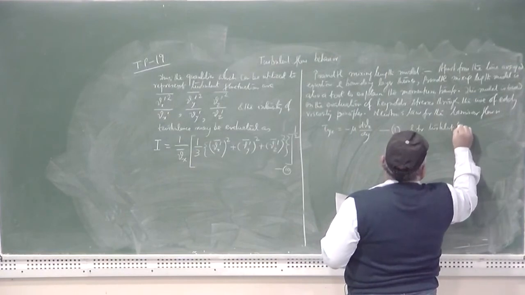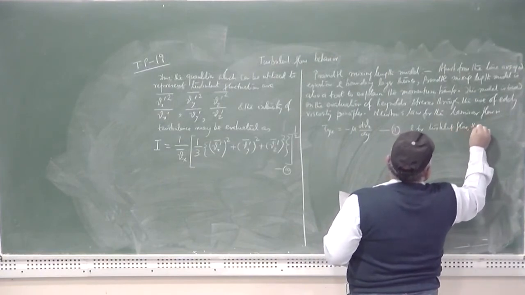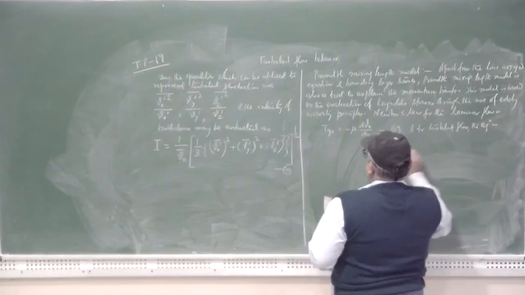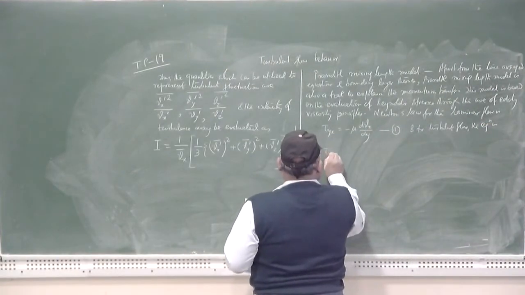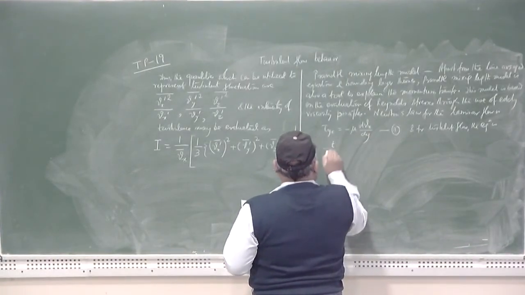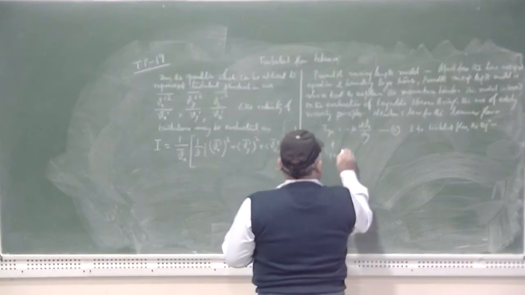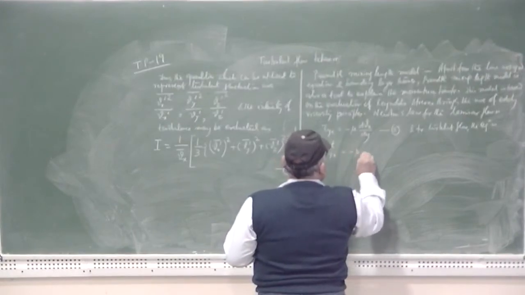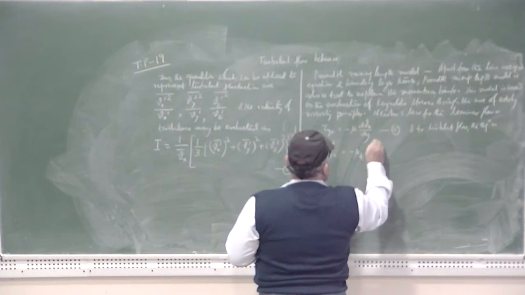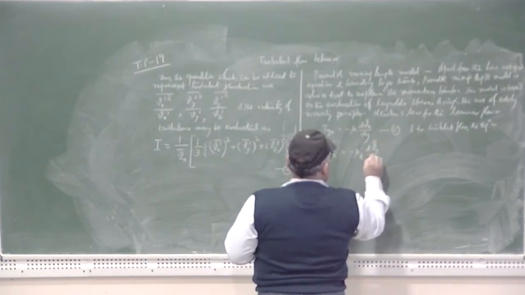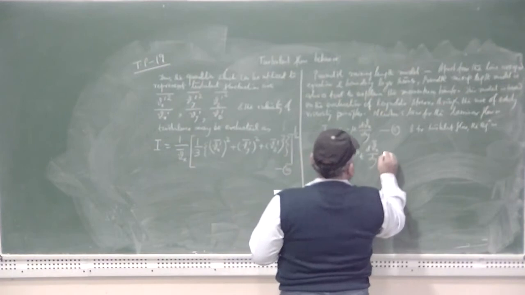And for turbulent flow, the equation is tau yx in the turbulent condition, that should be equal to minus mu t dVx by dy. Now it is customary to take the average value.